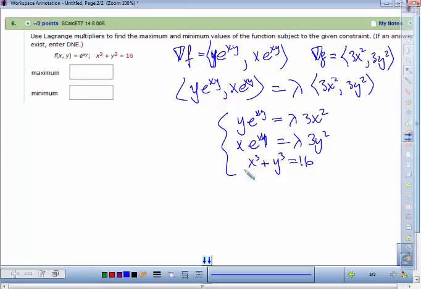For which equation? 16 minus y cubed to the 1/3 power. Put that into x.